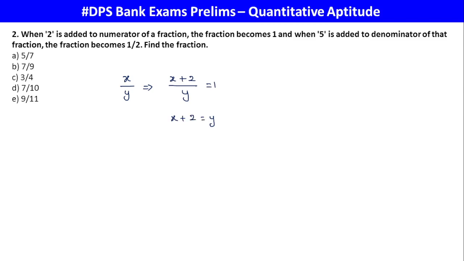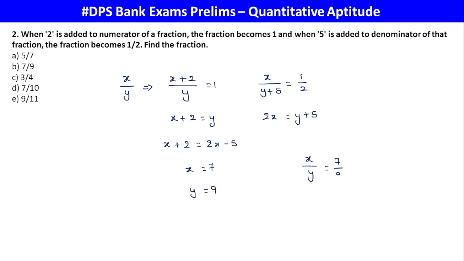Then, and when 5 is added to the denominator, y plus 5, the fraction becomes 1/2. 2x is equal to y plus 5. Y place 2, x plus 2 is equal to 2x minus 1. X value is 7. X is equal to 7. X is 7 అయితే y value. Then initial fraction x by y is 7/9. 7/9. Option B is the final answer for this question. Done.